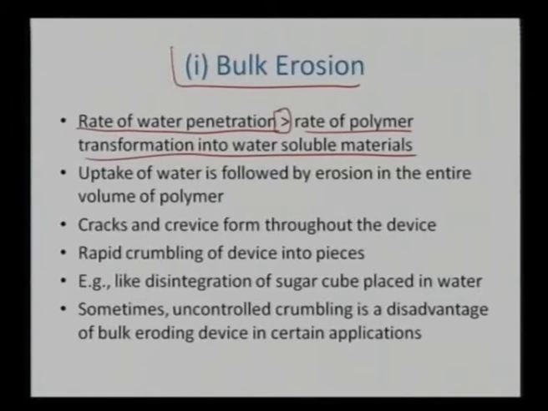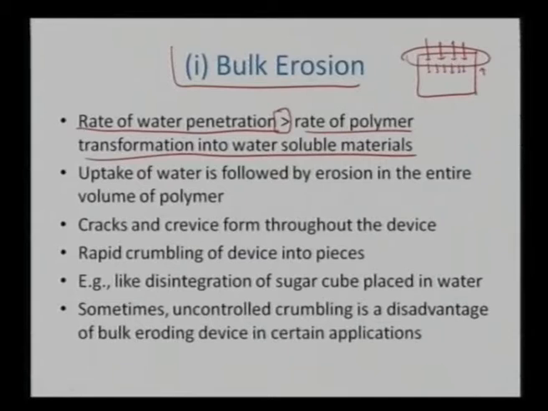So we have a polymer, then water starts to seep in, and the rate of water penetration is much faster. It will go much deeper into the polymeric material by the time that this entity which is there on the surface gets solubilized in water itself.